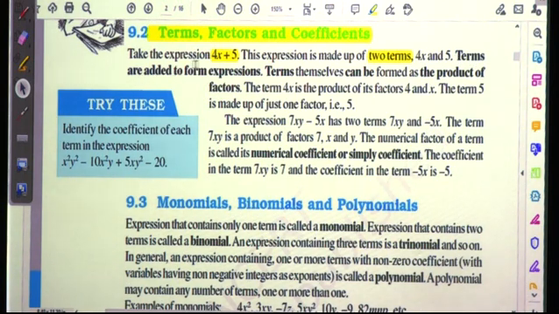Terms are added to form expressions. Terms themselves can be formed as a product of factors. Understand the things carefully. How are expressions formed? When terms are added.